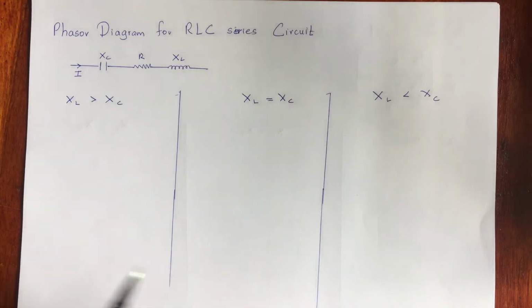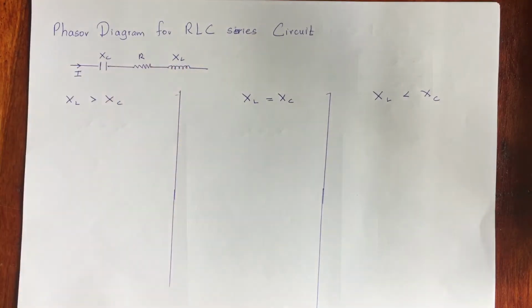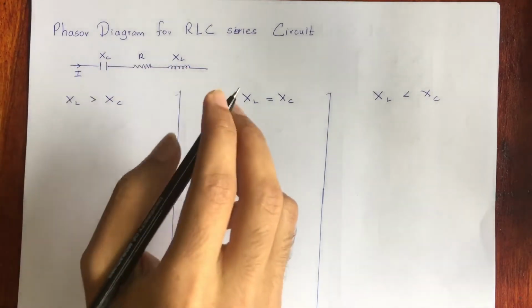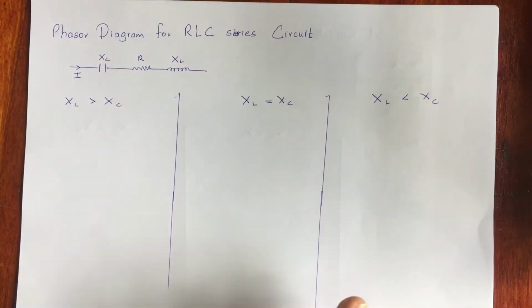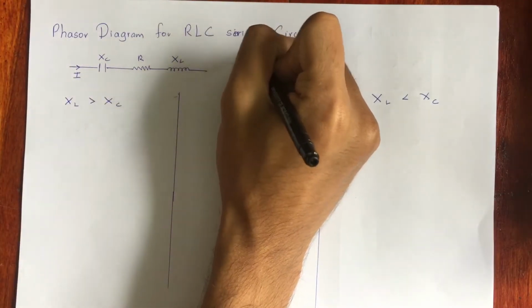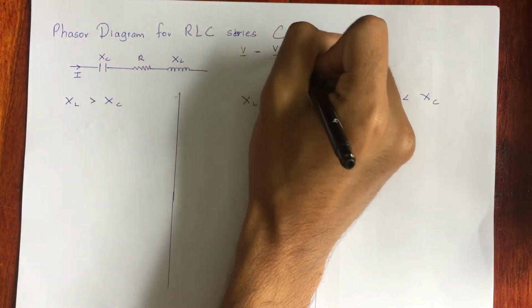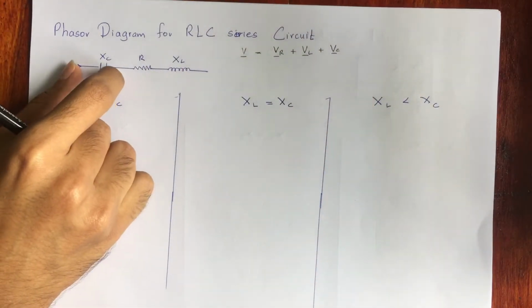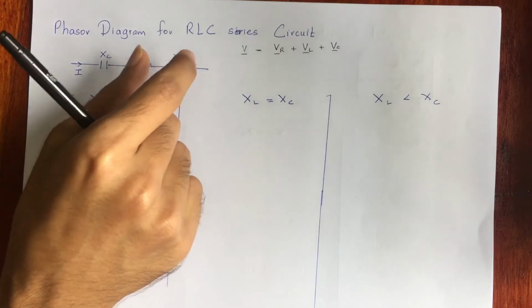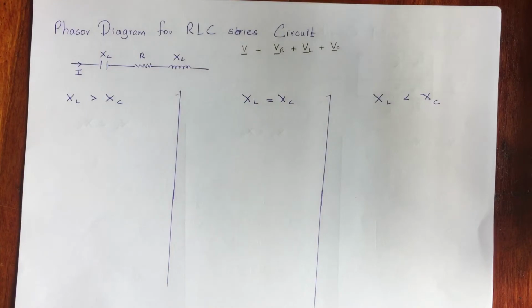Before that, can we write an equation for this circuit? Actually, we can directly use Kirchhoff's voltage law and write that the voltage across these three elements, the voltage across the capacitor, the resistor and the inductor, VR plus VL plus VC, equals the total voltage across these three elements.